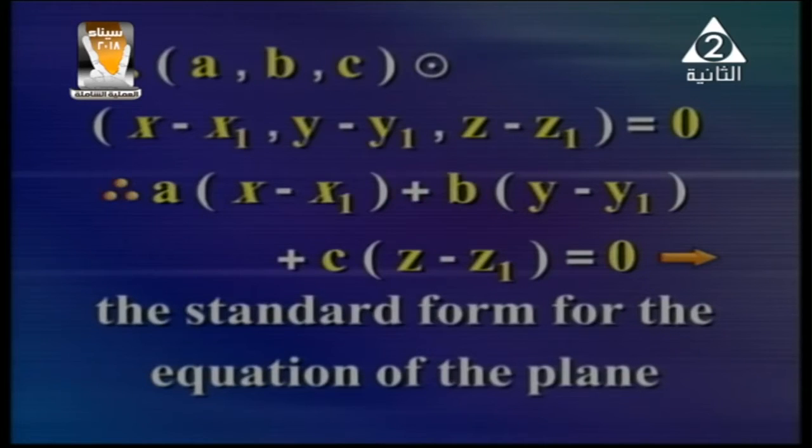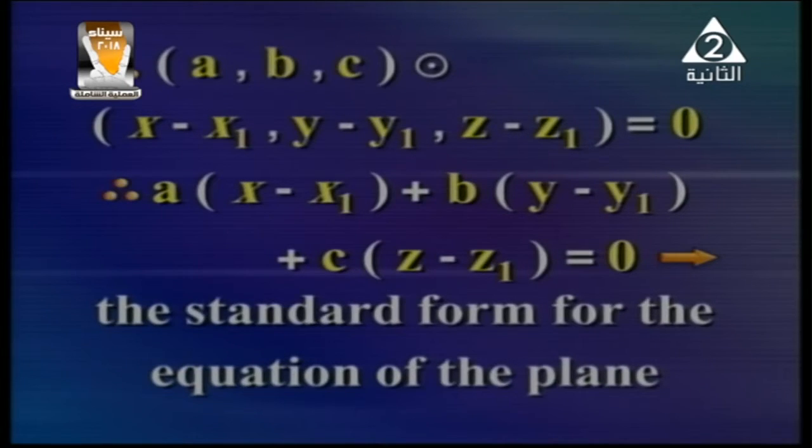Remember, dear student, we have the normal vector a, b, c, the vector r, x, y, z, and the point A, x1, y1, z1. What is the standard form of the equation of the plane?